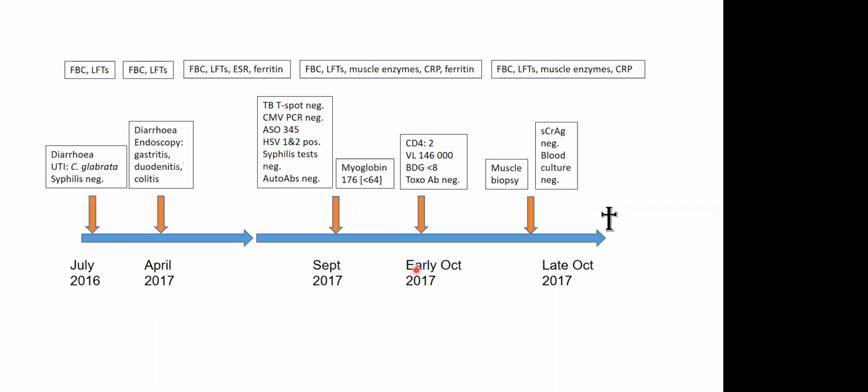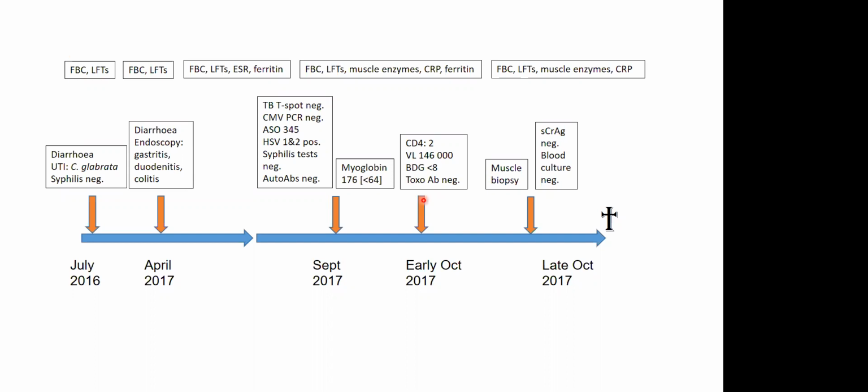And then in October 2017, it looks as though the penny dropped, and she was tested for HIV and found to have a CD4 of 2 with a viral load of 146,000. They did a beta-D glucan, which was non-contributory, and toxo antibodies negative.